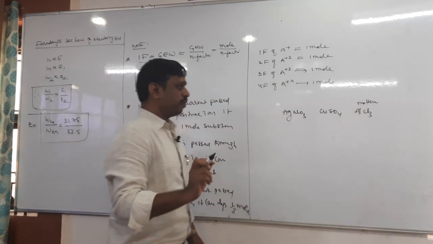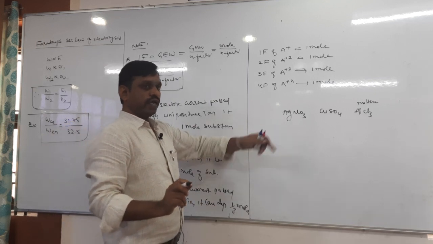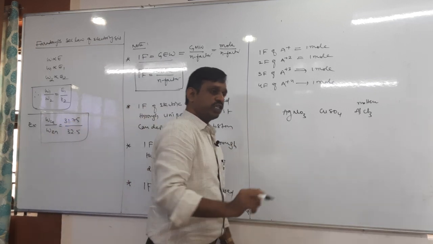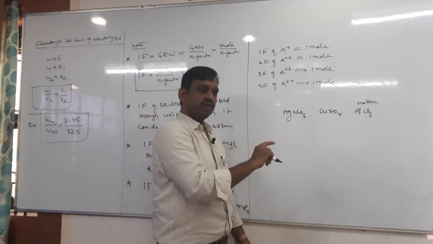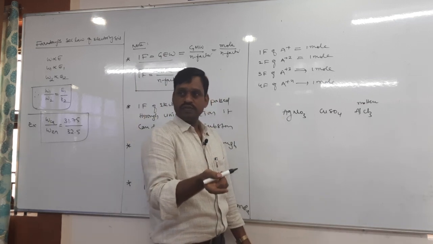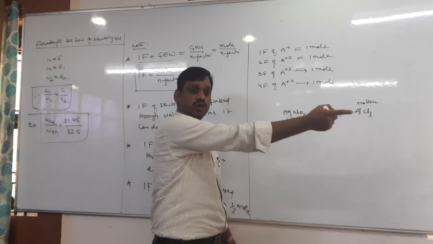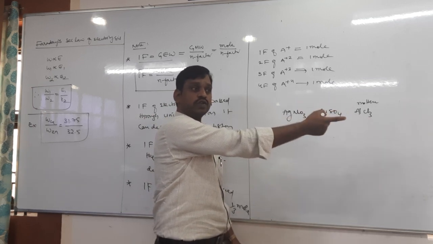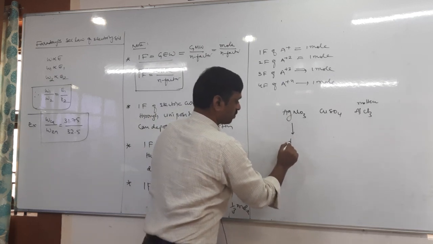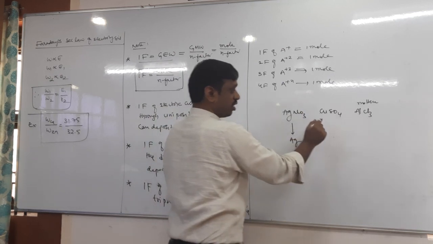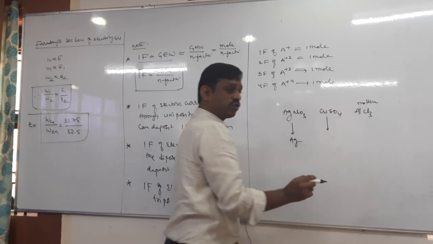Now first of all you tell me, when a current is passed through the AgNO3 solution, which is deposited, Ag or hydrogen? Ag, because silver comes after hydrogen. Here silver is deposited. Next, here copper or hydrogen?